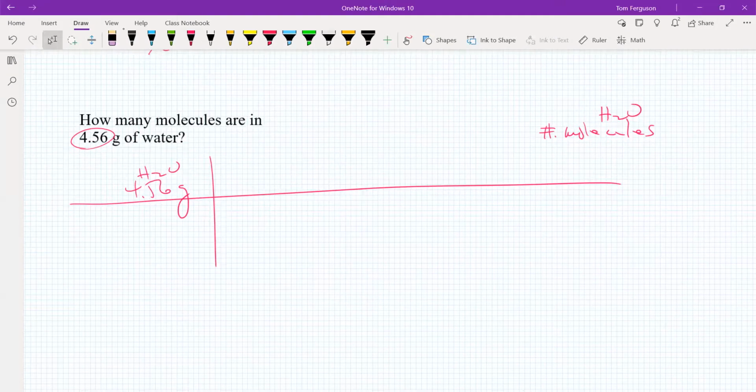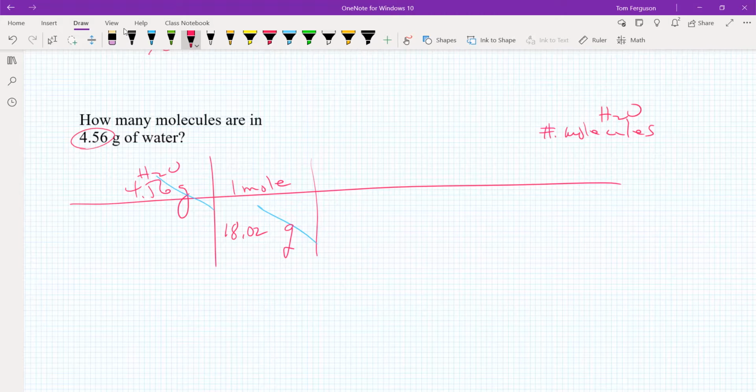So we're going to do an intermediate calculation to number of moles. So we need to have the grams cancel. And water we've already looked up for the molar mass is 18.02. That gives us moles. And we need to go from moles to number of molecules.